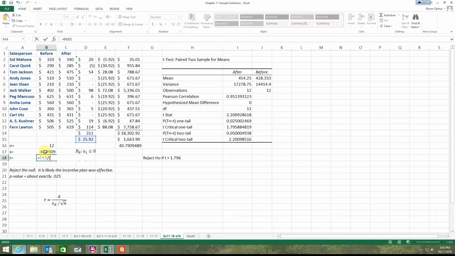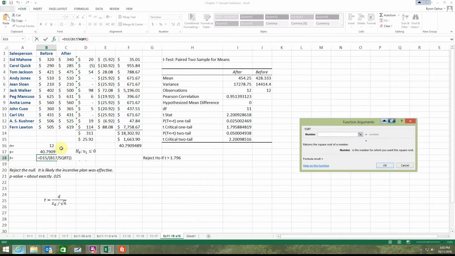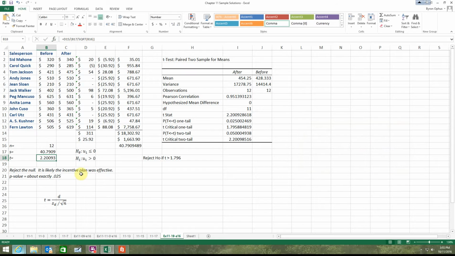I'm going to use parentheses, divided by my standard deviation, divided by the square root, and I'm going to do it the easy way, the square root of my n, which is that. 2.2093.